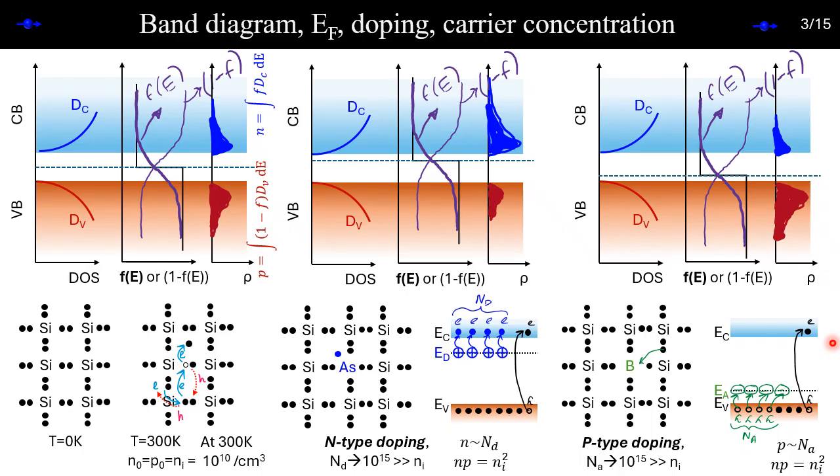The broad takeaway message is that if you want to have more electrons in a semiconductor, your Fermi energy level should move towards the conduction band. Or if you have more holes in the system, the Fermi energy level should be closer to the valence band. In the previous class, we discussed the importance of the Fermi energy level. So this is also another implication of that.